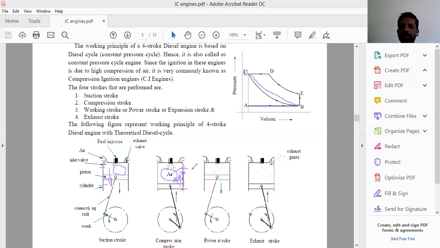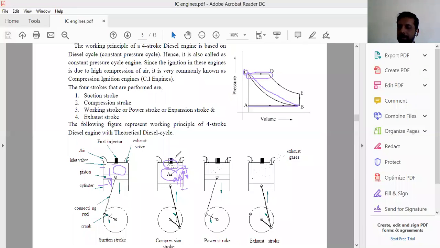So the next thing is what is going to happen at the end of the compression stroke: fuel is being injected. Due to this, combustion is going to take place. This will happen almost at constant volume because there is a slight movement of the piston for the power stroke by the end of combustion.